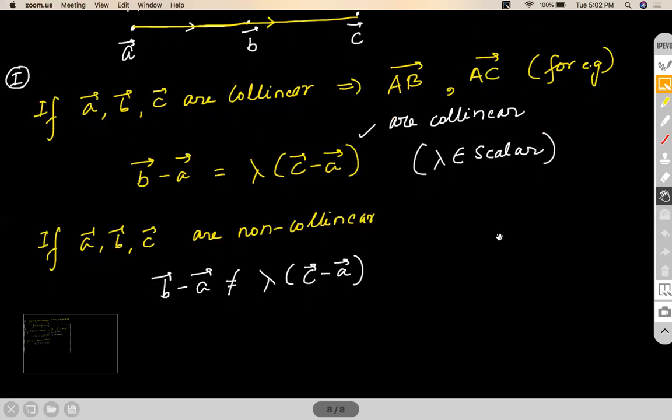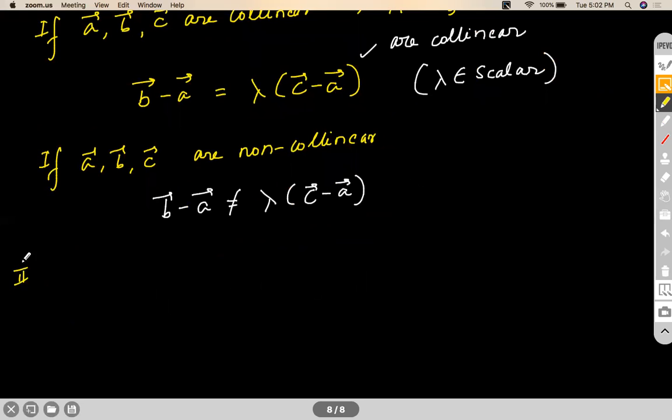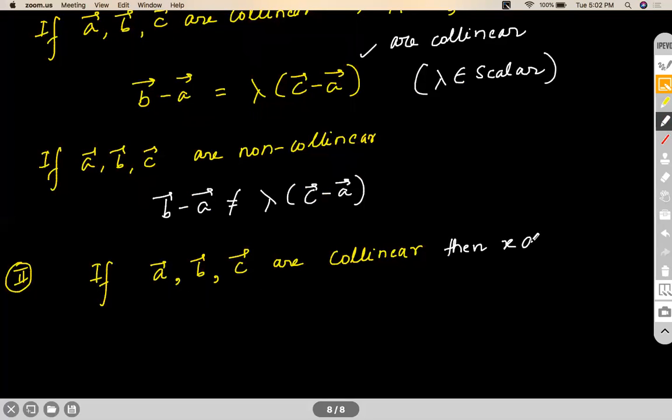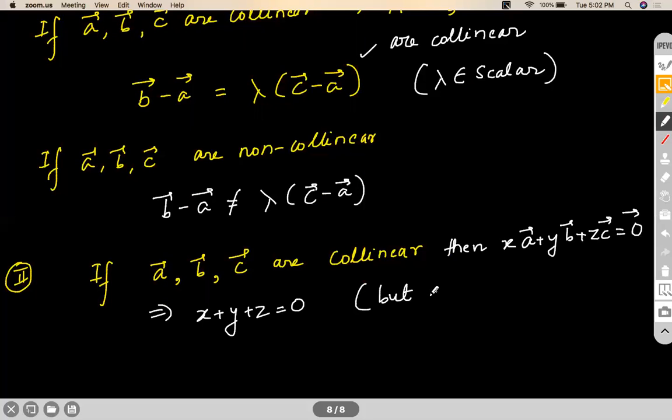Method number 2 says, if A, B, C are collinear, then a linear combination of these expressed as a null vector would imply that x plus y plus z is 0, but all x, y, z are not 0.